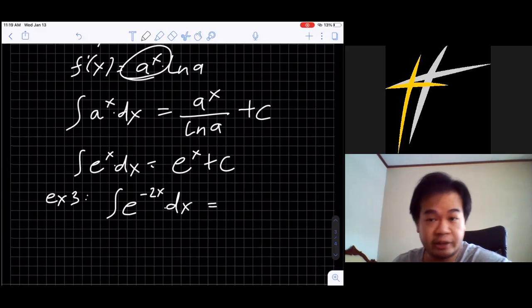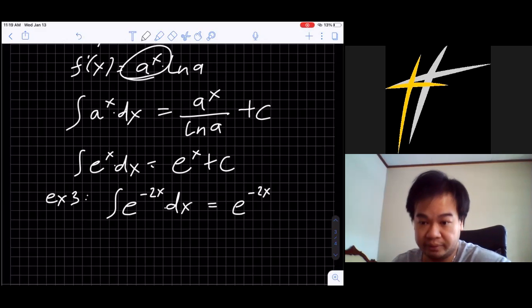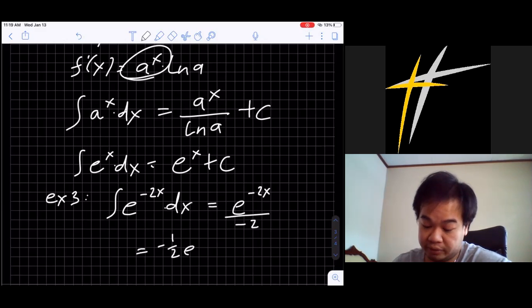Because this is an exponential function with the natural number as a base, it will be itself. But remember, when you derive e power of negative 2x, there is the multiplication of negative 2, right? So to nullify that, we need to divide by negative 2. So it's basically negative half e power of negative 2x plus c.